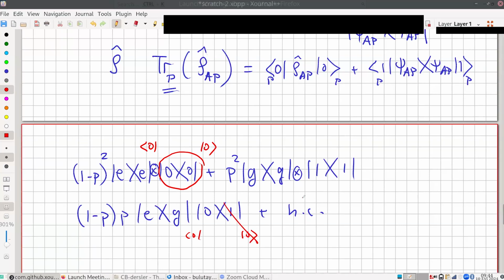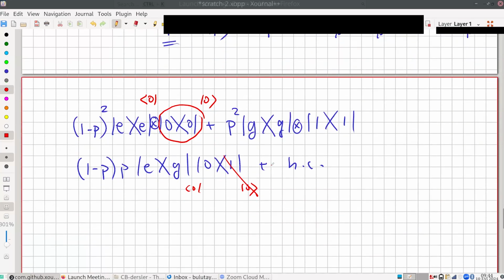And so is this. So only these two terms will contribute. So when those two terms contribute, we have the statistical mixture: 1 minus P squared EE plus P squared GG. Okay, so this is your mixed state.